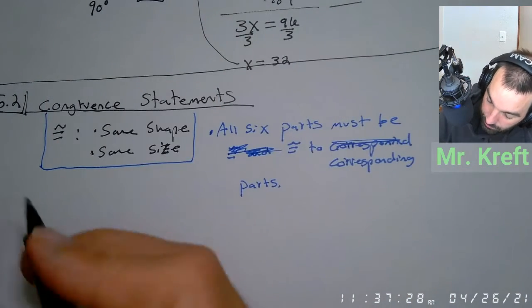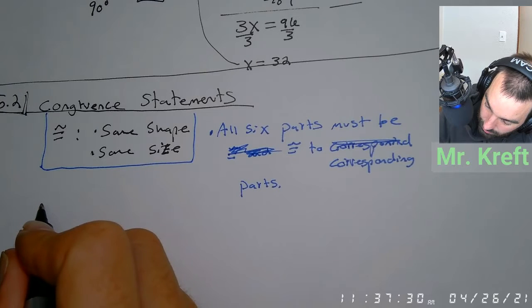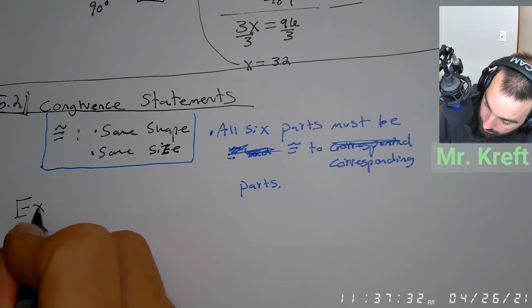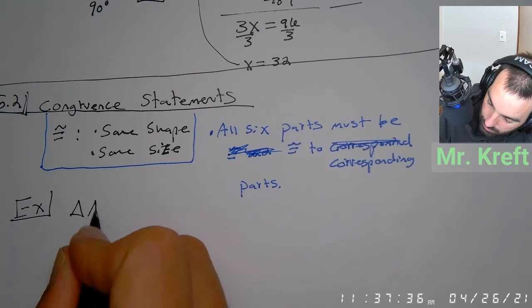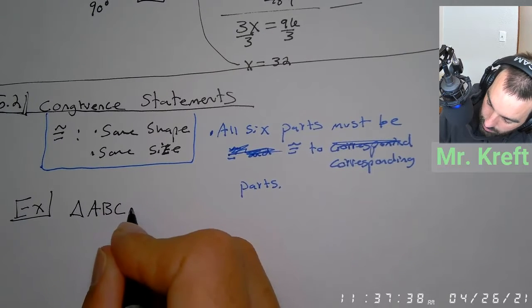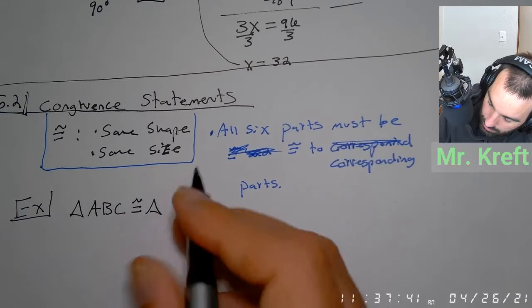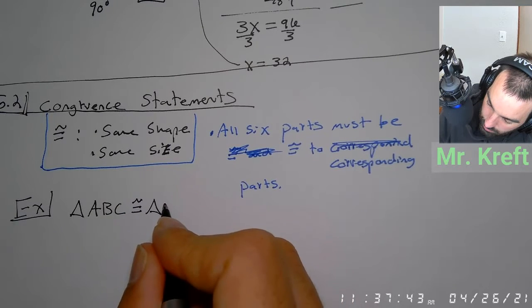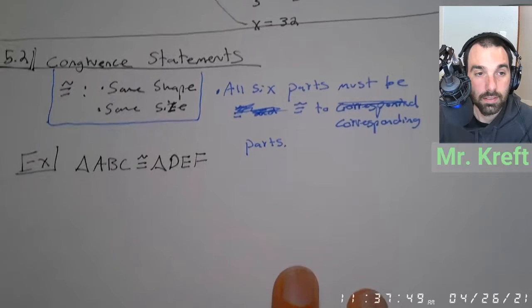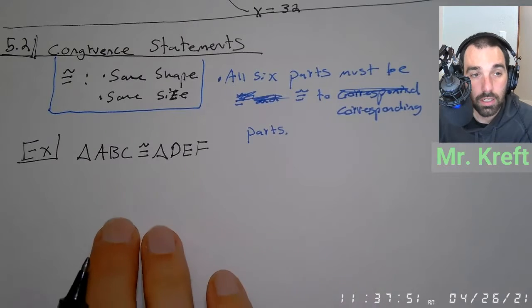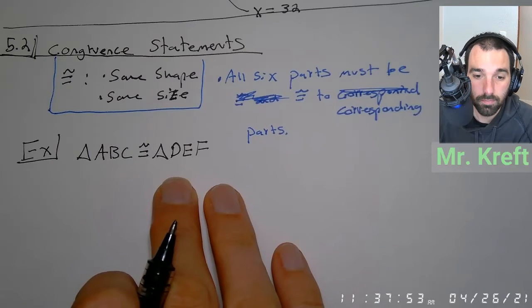We had a couple of different types of problems like this, and I can save some practice for that later. But let's say I have a real basic example here. Let's say I have triangle ABC is congruent to triangle DEF. And now remember, congruent is different than similar.